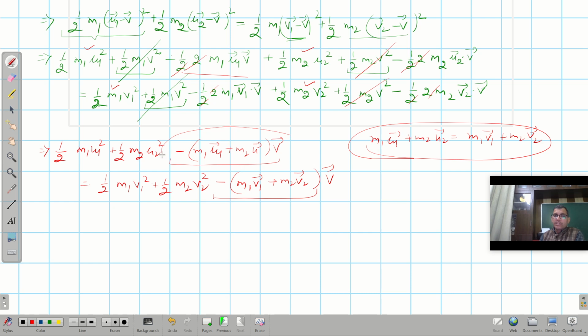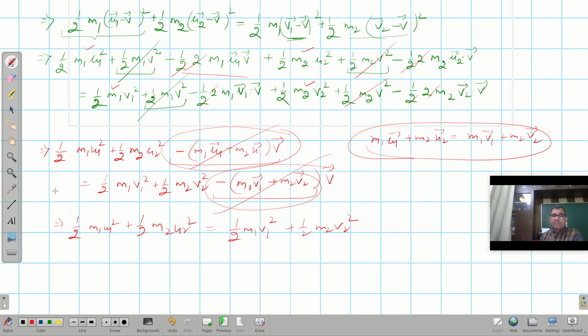So we get half m1 u1 square plus half m2 u2 square is equal to half m1 v1 square plus half m2 v2 square.